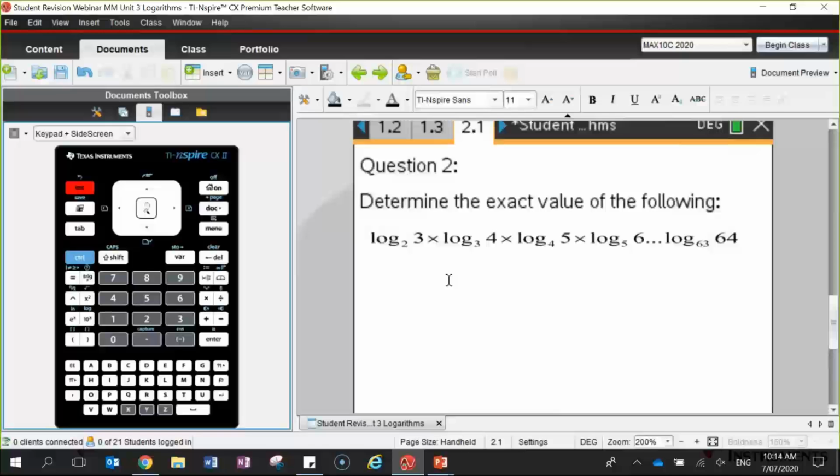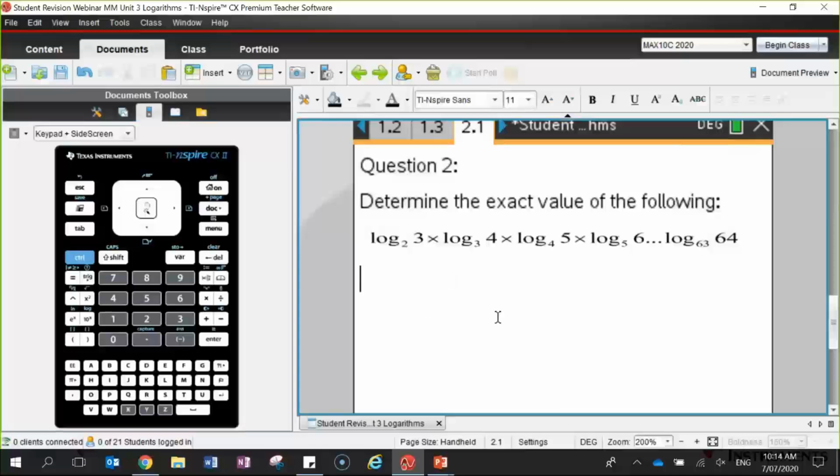To solve this question, you're actually using the log law which is referred to as the change of base law. I mentioned earlier that a scientific calculator only works in base 10 and base e.